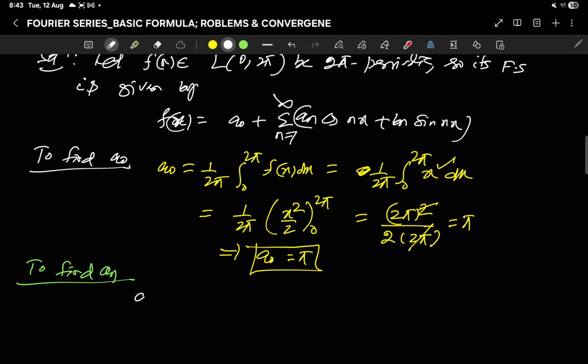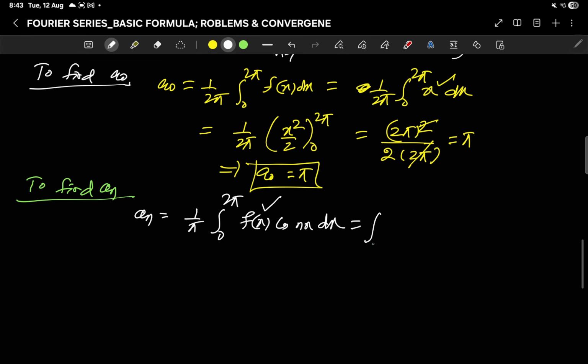So what is your an? An is equal to 1 by pi integration of 0 to 2 pi f x cos nx dx. So the value of f x within this interval is x, so it is x cos nx dx. So we apply integration by parts here, the by parts rule of integration.